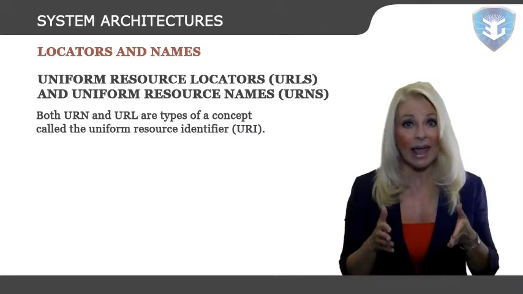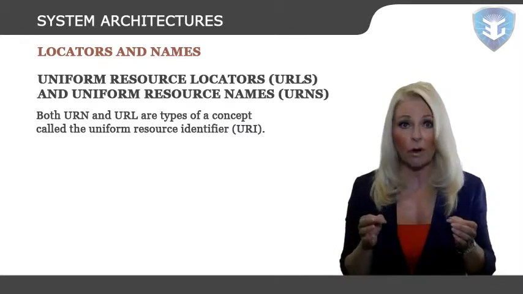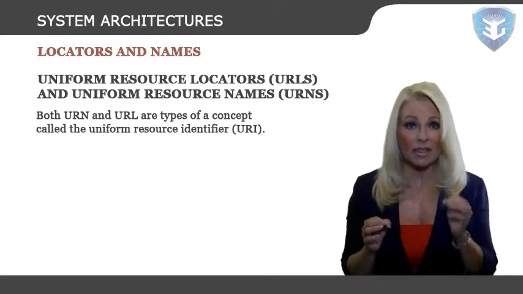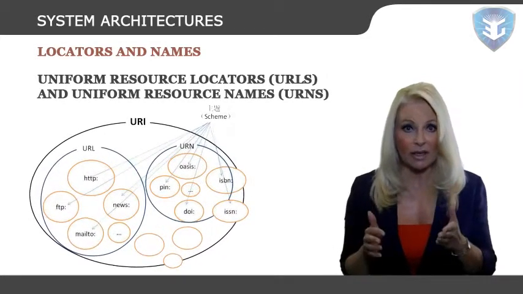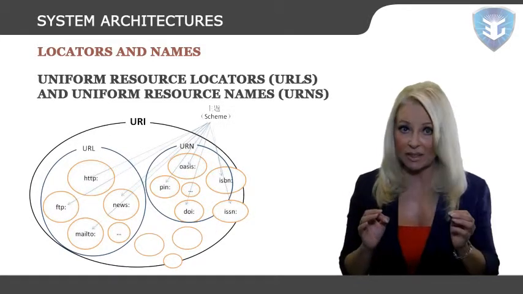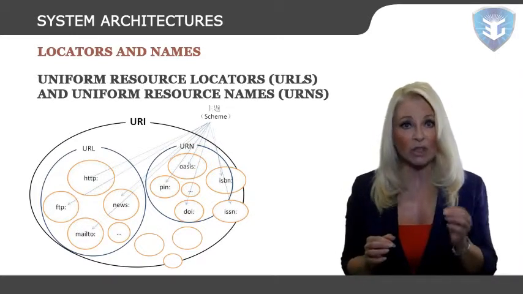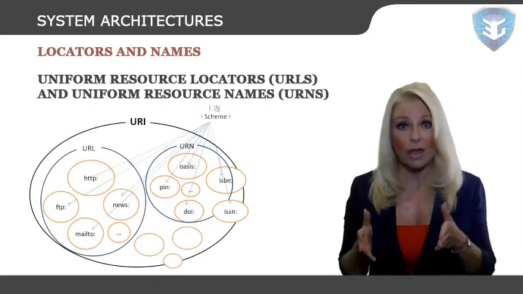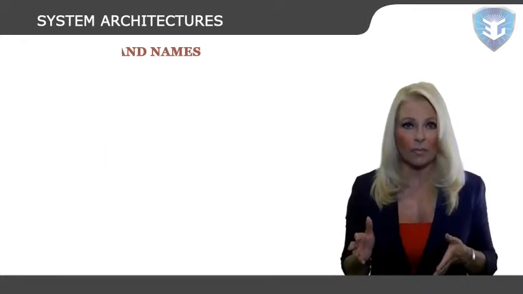Both URN and URL are types of a concept called the Uniform Resource Identifier, URI. A URN is associated with another concept called Uniform Resource Characteristics, URC, which allows descriptive information to be associated with a URN, such as author, date, length, and so forth.